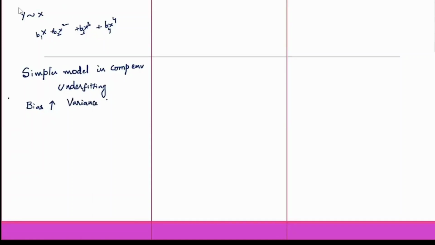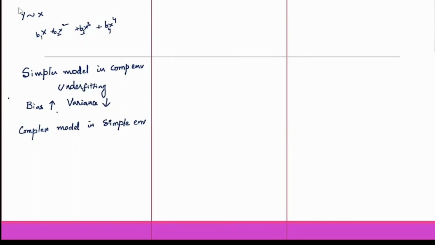On the other side, you are using a complex model in a simple environment. Simple is relatively simple. When a third degree polynomial is sufficient, I go for a 20th degree polynomial. I'm not saying a linear model is sufficient; sometimes even a third degree polynomial model is sufficient, but somewhere I end up creating a 15th or 20th degree polynomial.